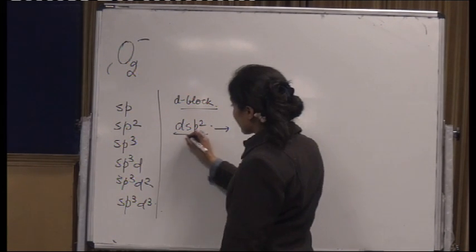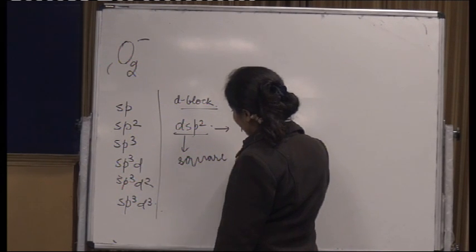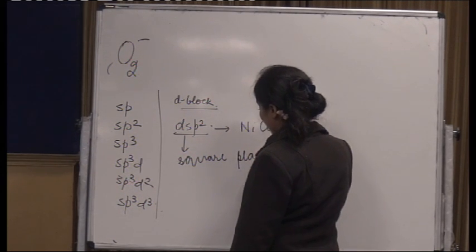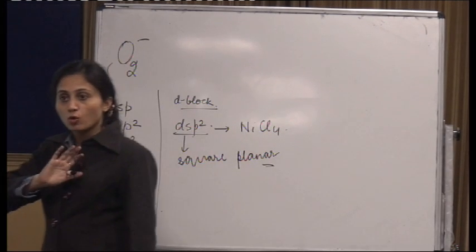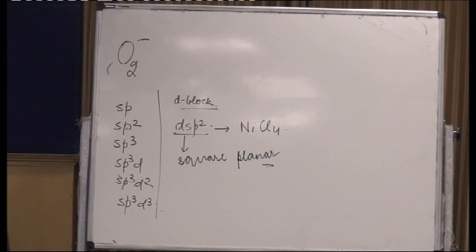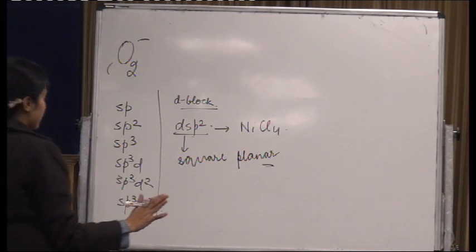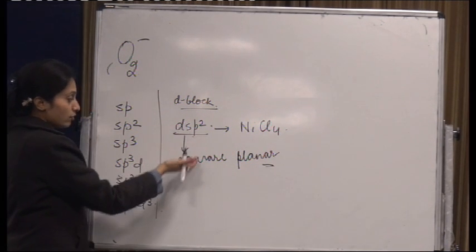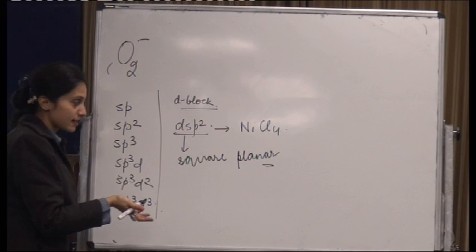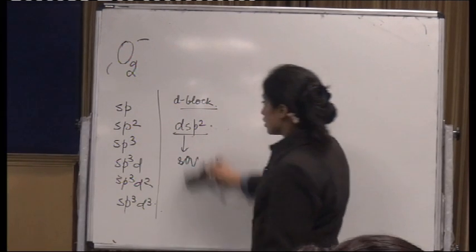So here with dsp2, I can only tell you that this possesses a geometry which is square planar. So please remember this as of now, dsp2, because it's altogether a different way of doing hybridization in case of complex compounds. It is a little complicated to understand right now. I do not want to confuse your basics. So dsp2 is possible only for complex compounds and it has a geometry of square planar.